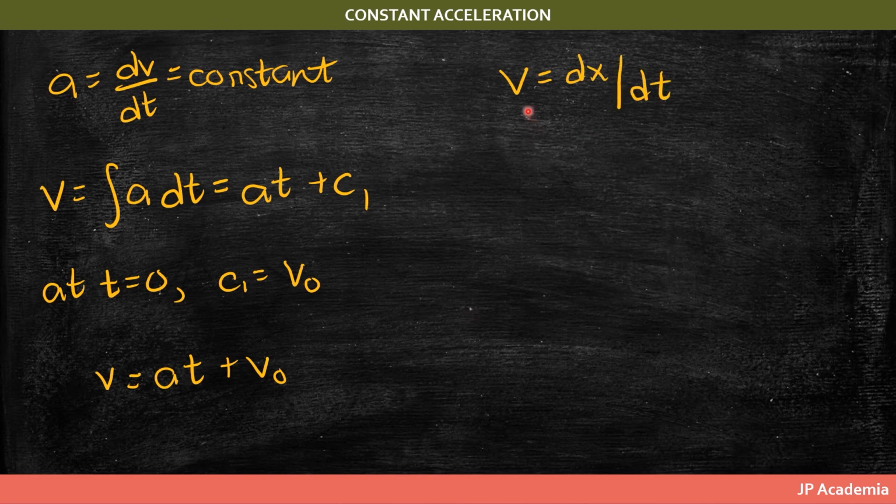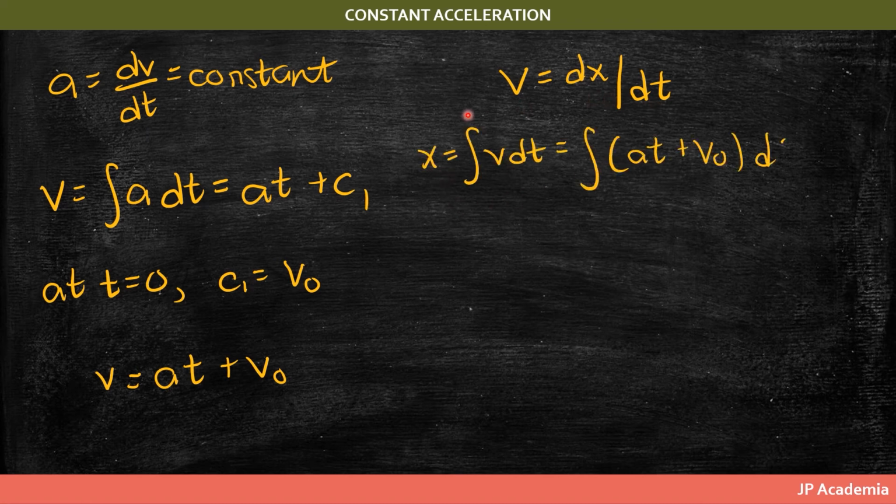Now we know that velocity is just the first derivative of displacement x with respect to time. So using the same method as we have shown earlier, we integrate v dt, and this is equal to the integral of at plus v naught, which is this expression for our velocity v.